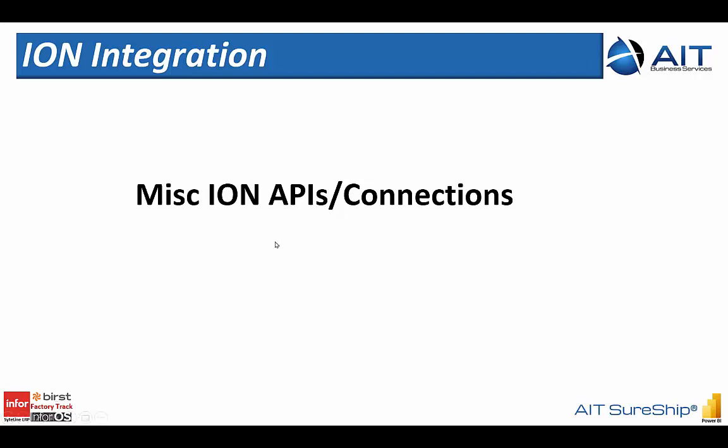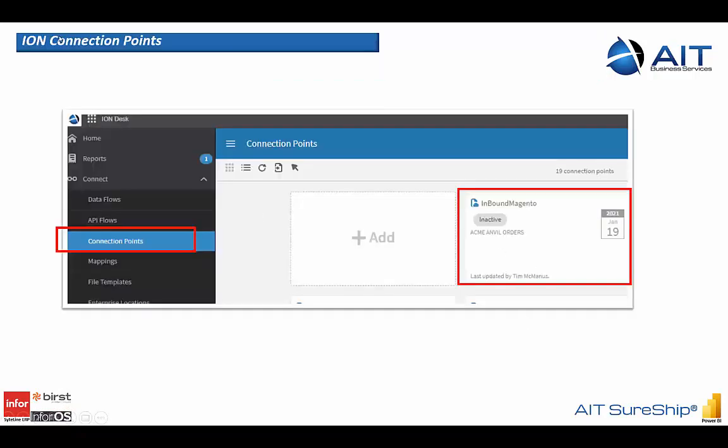But now I actually want to go out and get that EDI file from the customer or from an FTP site or wherever. So in ION, you build a connection point. In this particular case, their orders are coming from the Magento commerce site. There's my Acme Envil EDI orders.